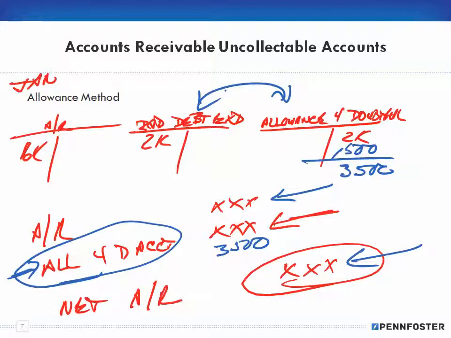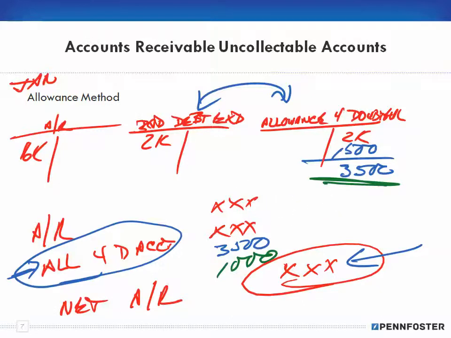In the book, if you're reading it, it may lead you to believe that that's what you're always going to have, because it's only looking at one accounting period, trying to get across the concept to you. But the reality is that if I had an allowance of 3,500 here, and then for whatever reason I determine that my allowance for doubtful accounts is only supposed to be 1,000, then I'm going to have to make a journal entry with a $2,500 debit to allowance.